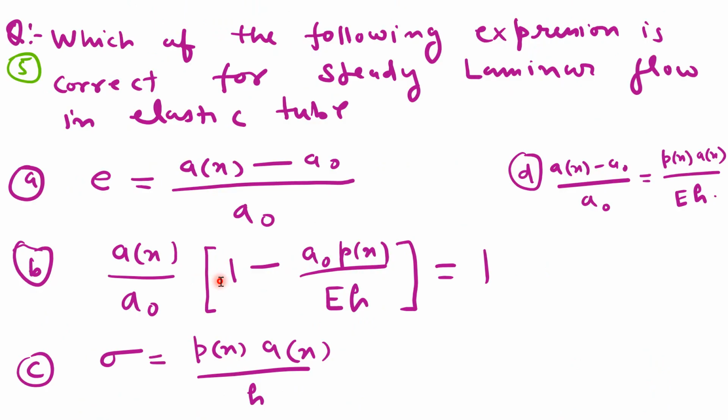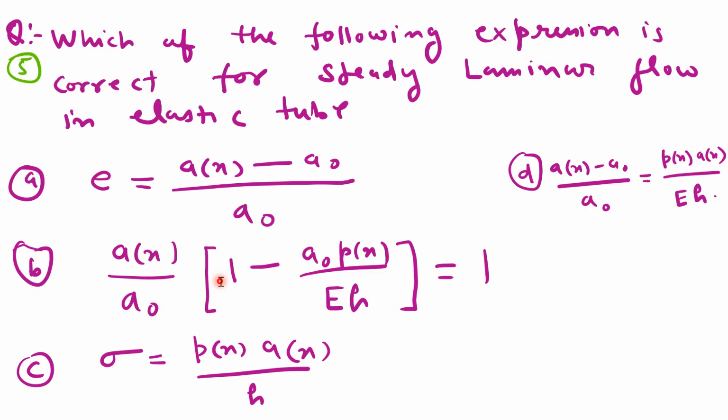So that balances are also important while actually solving these. So you look at this: which of the following expressions is correct for the steady laminar flow in the elastic tube? So here E is this. If you see change in length upon the original length, what is that? This is strain, right? And you remember this AX. AX is what? As the wall is elastic, it will deform.